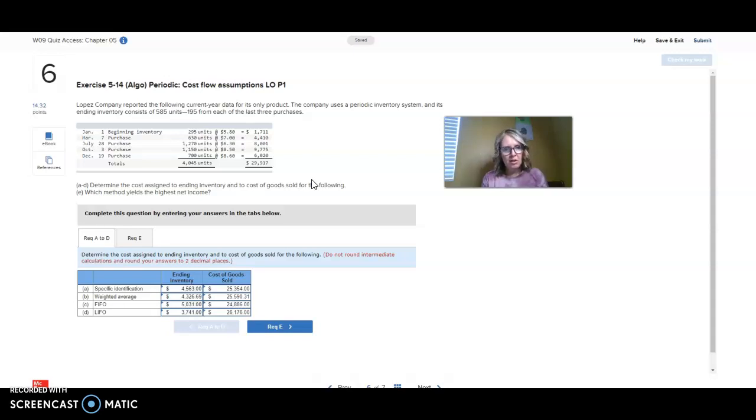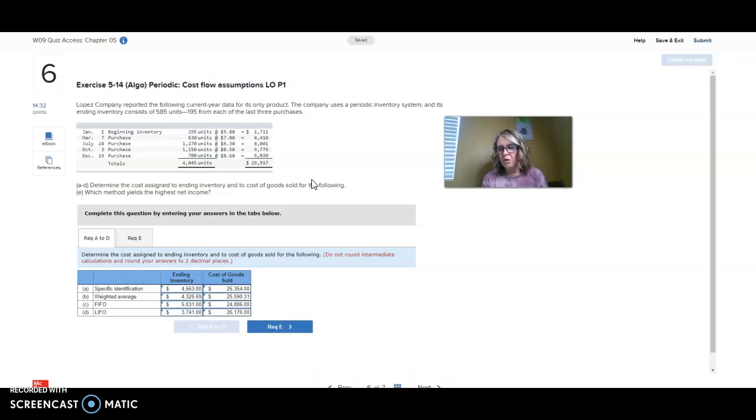So we do a little bit different than we've done on some of the other problems, but we end up getting the ending inventory of 5,031, and then subtract that from the total of 29,917, and then you'll get the cost of goods sold, and your answer should be 24,886.